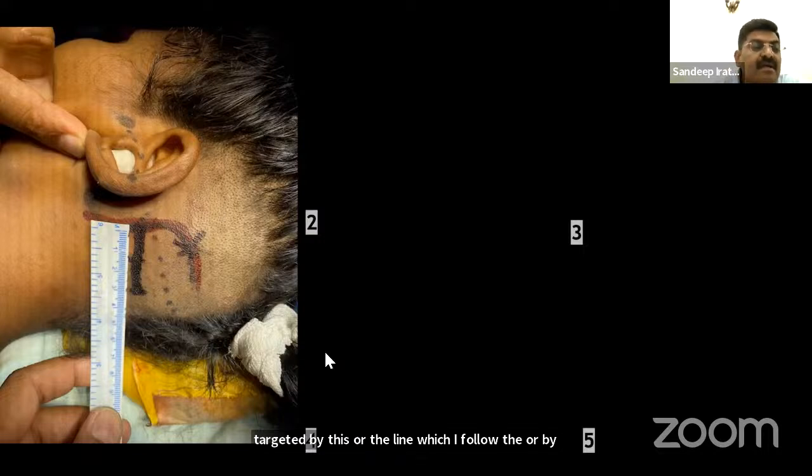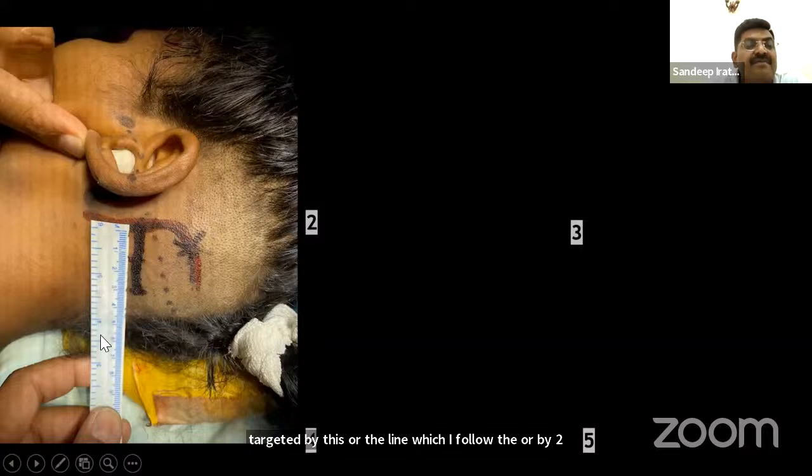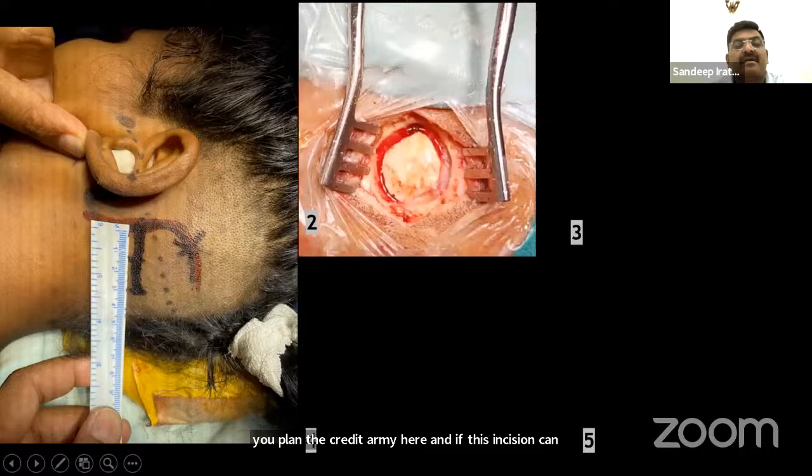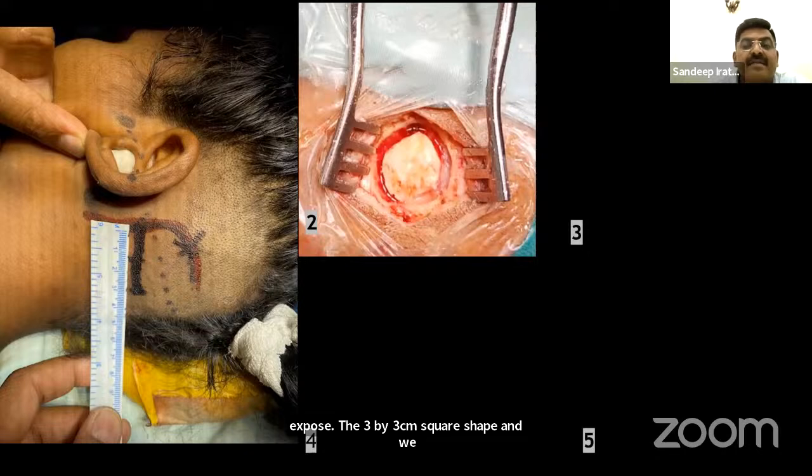Also palpate and mark the mastoid tip below, and if we go from behind, following the asterion, and draw the landmarks of the sigmoid sinus and the transverse sinus, and plan the craniotomy here, this incision can expose a 3 by 3 centimeter square area, and we can do the craniotomy like this.